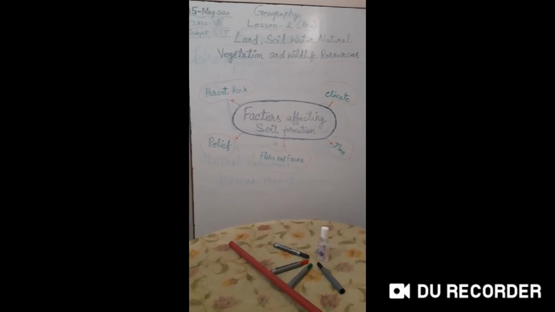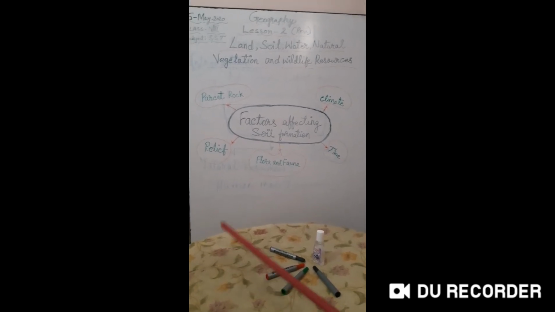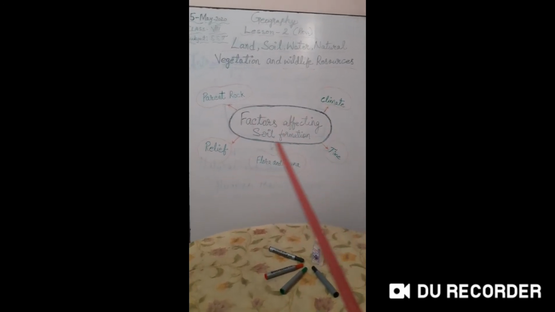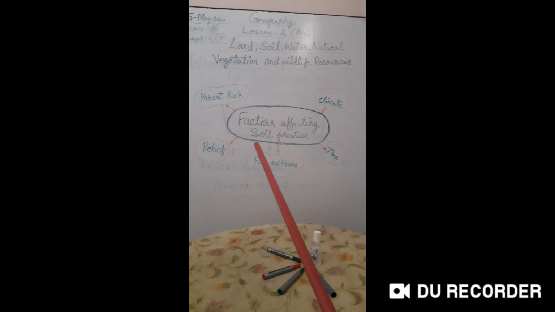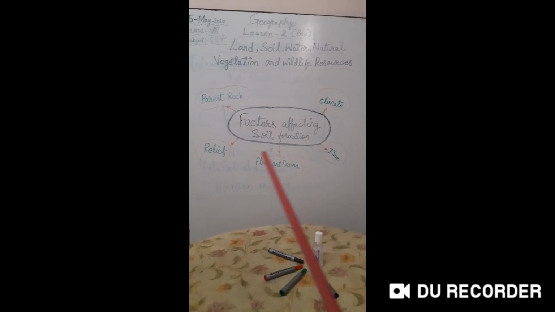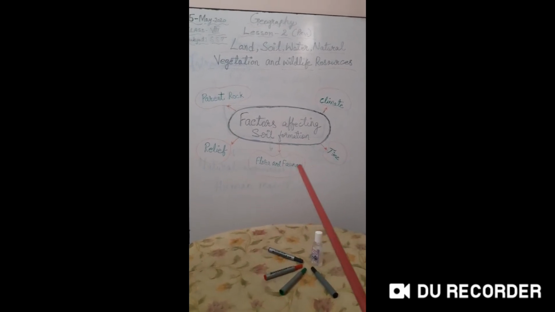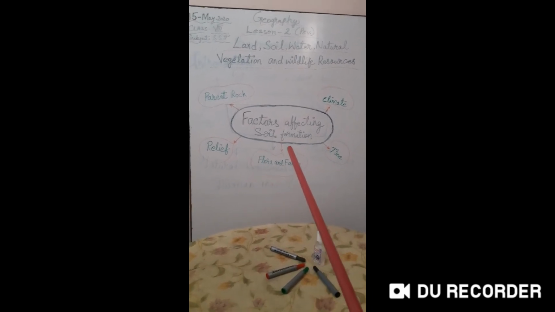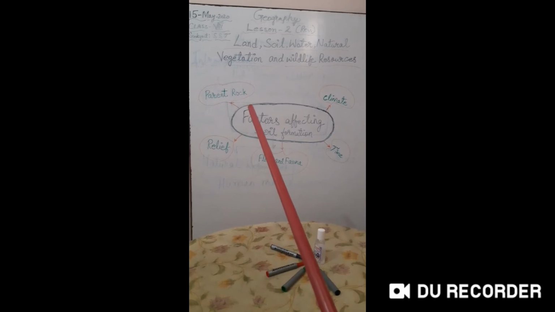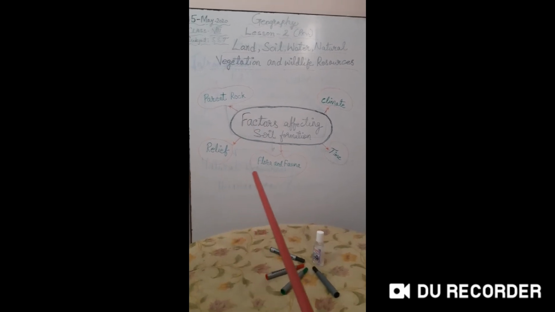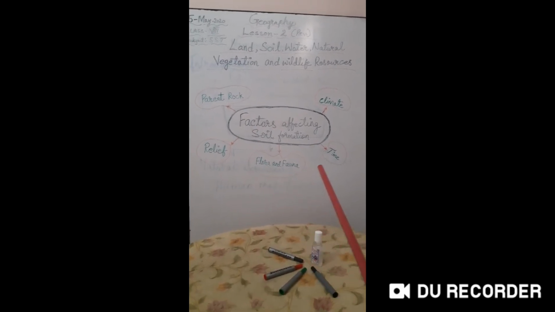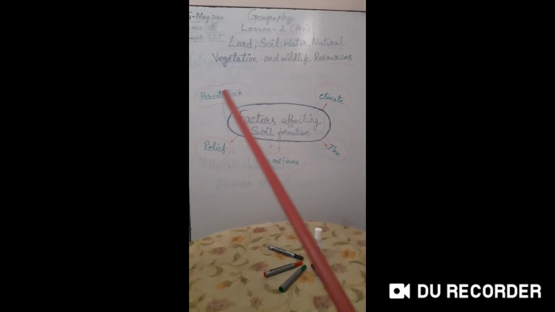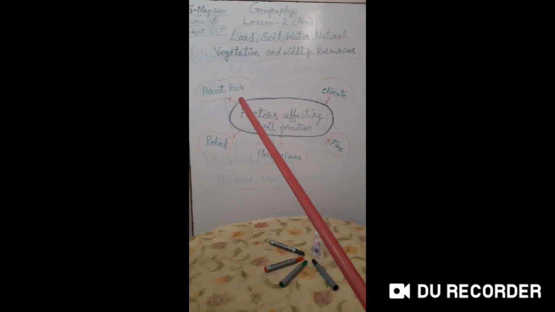Now students, you can see this diagram in which I have explained the factors affecting soil formation. These are the factors which are responsible for soil formation: parent rock, relief, flora and fauna, time and climate. The first one is parent rock.